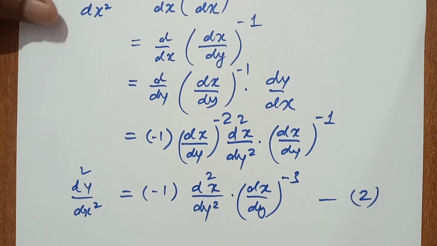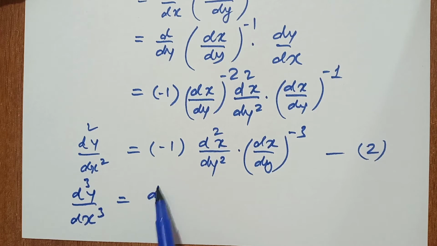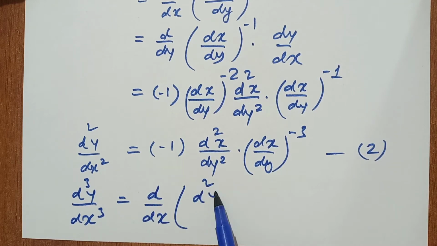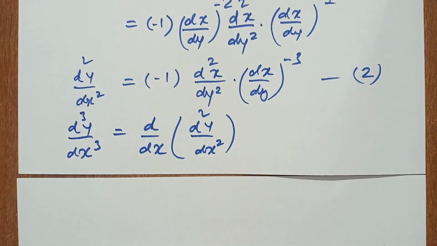Similarly, for the third derivative, d3y by dx3, we again differentiate d2y by dx2. Since the value of d2y by dx2 is given above, we put the above value and then differentiate again.